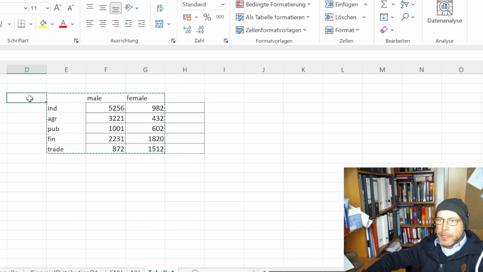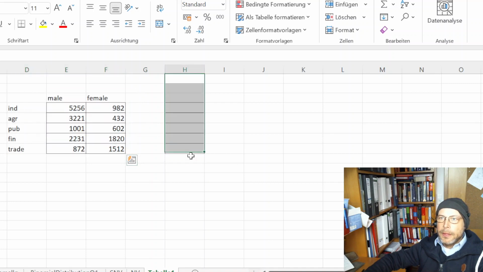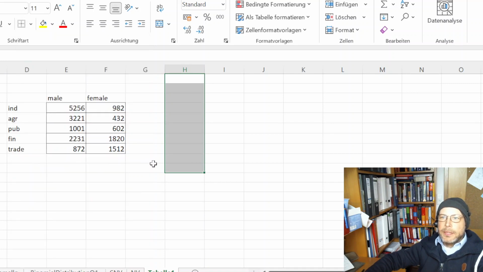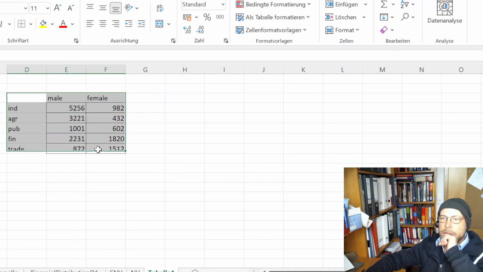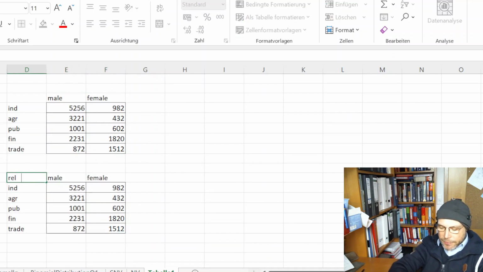So let's put it over here and here. First of all, we want to calculate the relative probability. So what we want to have here are the relative probabilities.